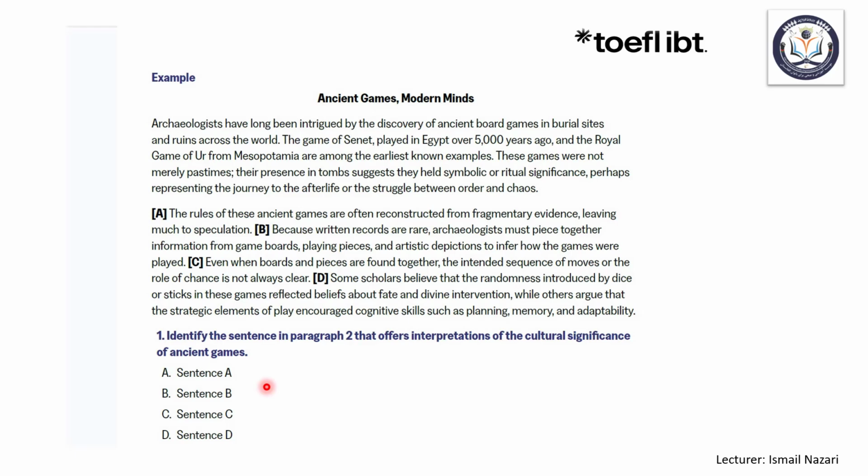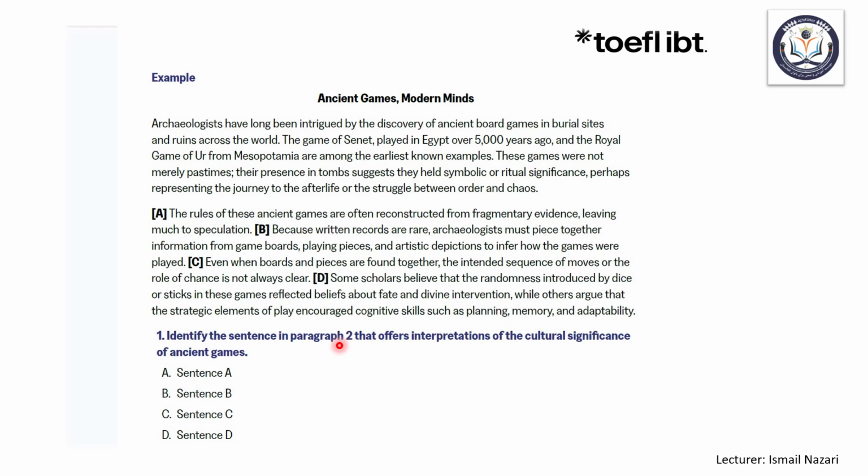It is a sample select the sentence question. We have this as the question: Identify the sentence in paragraph 2 that offers interpretations of the cultural significance of ancient games.